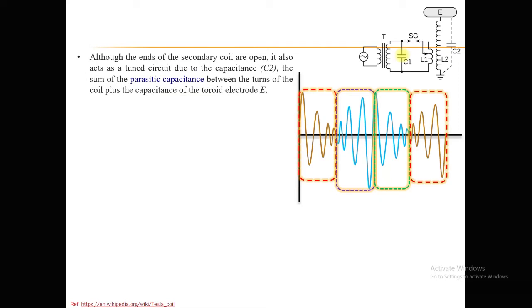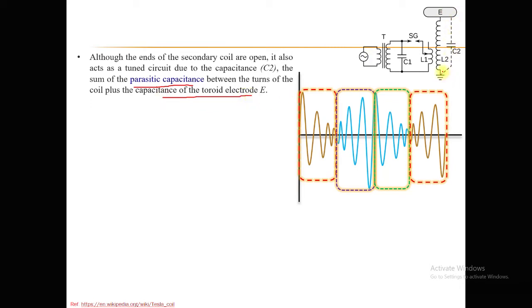Although the ends of the secondary coil are open, it also acts as a tuned circuit due to the capacitance C2. C2 represents the sum of parasitic or stray capacitances between the turns, usually the series capacitances plus the capacitance of the toroid or the electrode E, that is this.